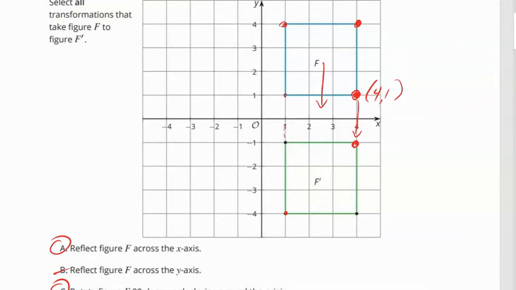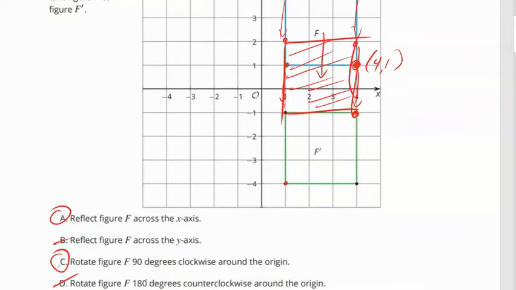Okay, and that means this point right here would have to map on to that point right down there. And the other 2 points would also go down 2. Same amount. And that's where we would land. Does that work? No, not far enough. So no easy translation for us on that one.